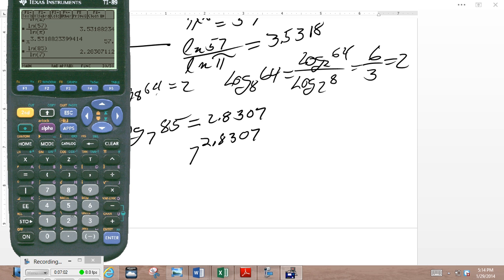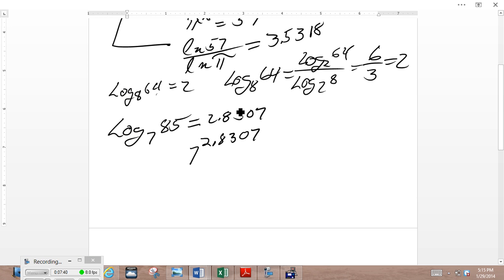So we're going 7 raised to the power 2.8307. What did I do here? I'm sorry. The log base 7 of 85 is 2.28. I miscopied that.